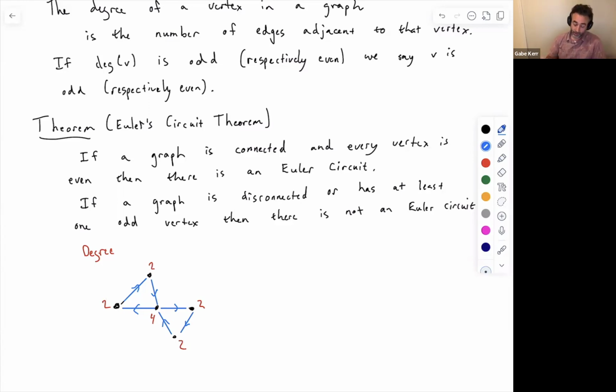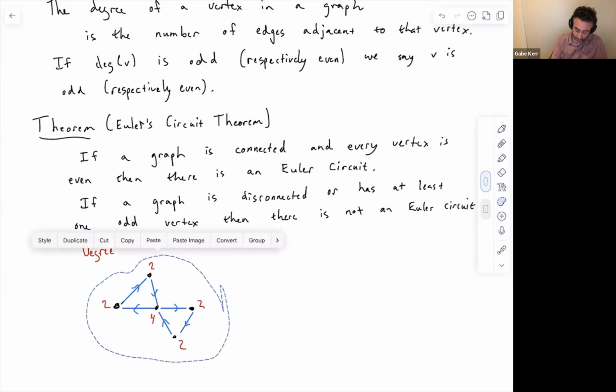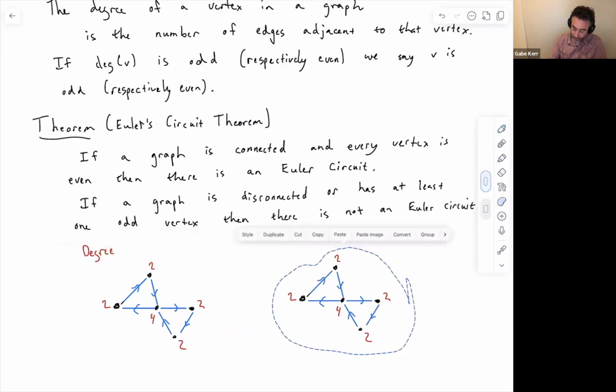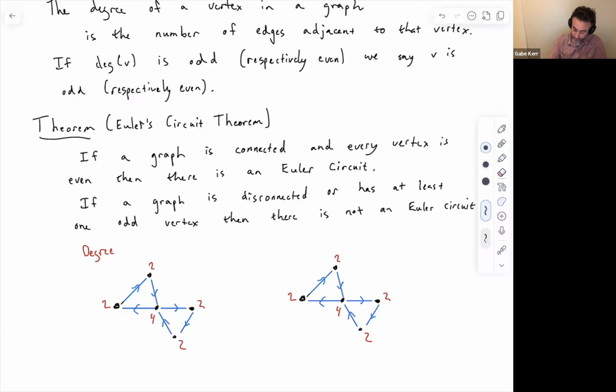On the other hand, if we had the same exact graph, let's duplicate it, and we removed one of the edges, we've changed the degrees of these two vertices. We now have a degree 1 and a degree 3.